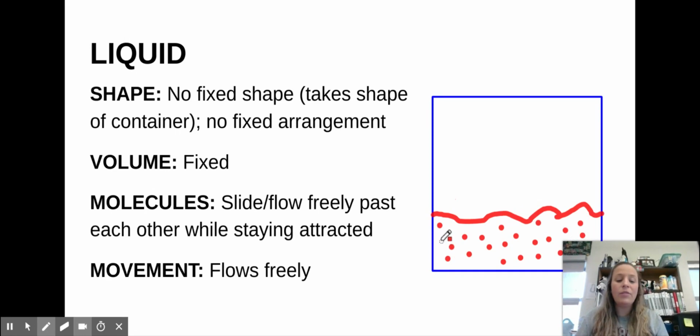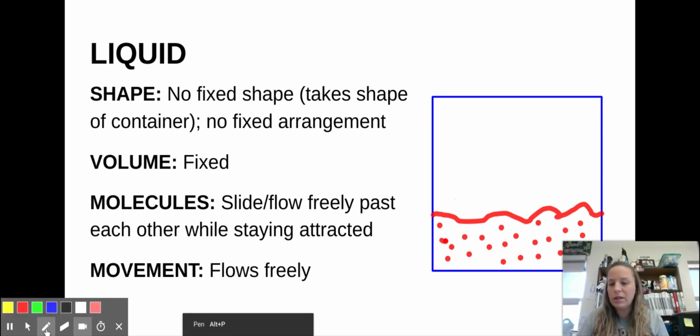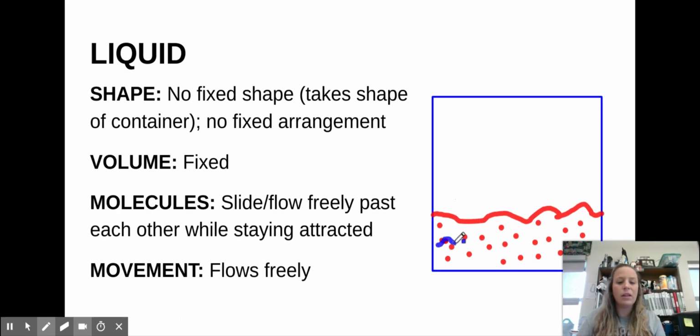Okay, and then if you want to draw, let's change color here so you can see my flowing lines. If you want to draw some lines showing that they are flowing freely, well, that wasn't really a free-flowing wavy shape. They're just kind of moving. All right. That's the best you're going to get out of me for a liquid.